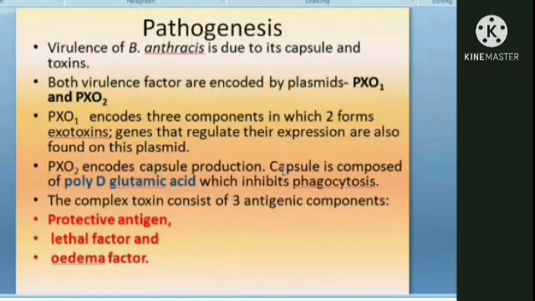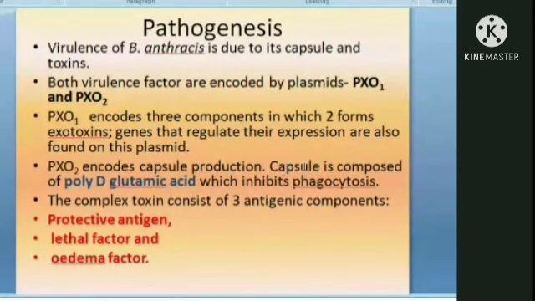Capsule is a structural entity of this organism, because of which the organism gets the power of antiphagocytosis. That means they cannot be phagocytized by the host phagocytic cells, neutrophils and macrophages, and this is a very important property.